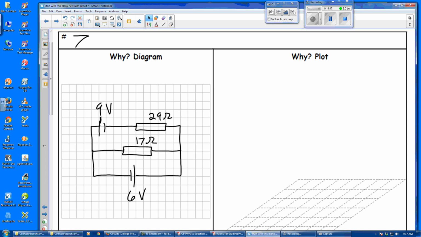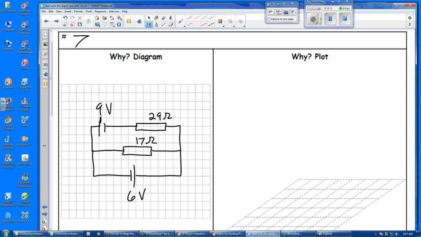And now I'm going to indicate the currents in that circuit. How many different currents do I have? There's 3. And how many junctions do I have? 2 junctions. Remember, current always runs junction to junction. So I'll color code mine.